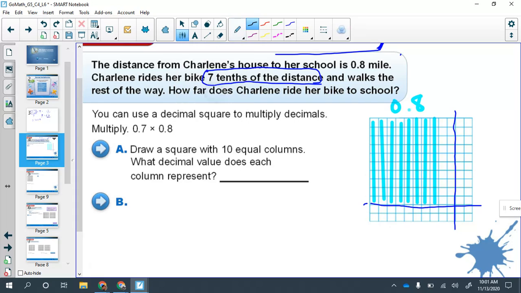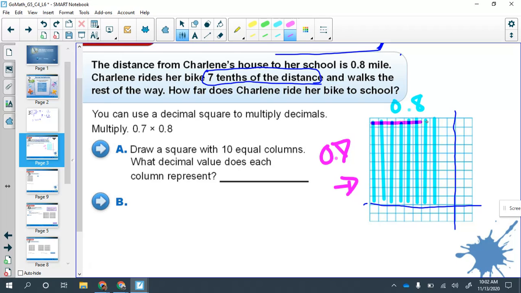Now, I'm going to change the color of my highlighter because I think it's going to make it easier. And I'm going to model 7/10, going across my picture this way. It doesn't like to draw crooked lines with the highlighter, does it? Because I want to show that I have 7/10 of this 8/10 of a mile.